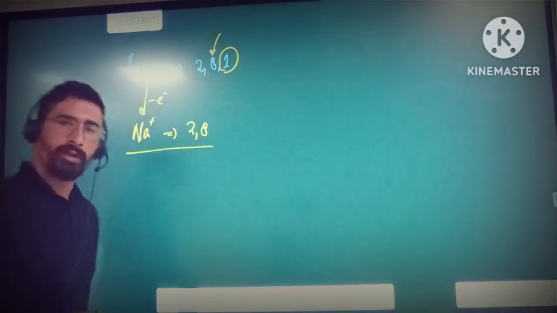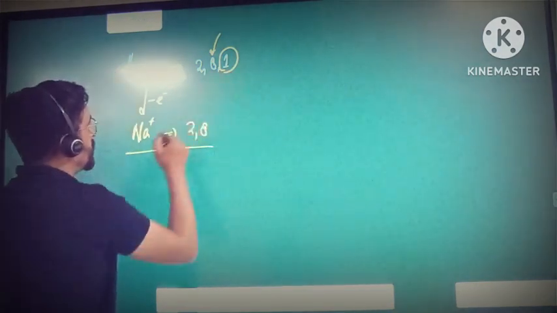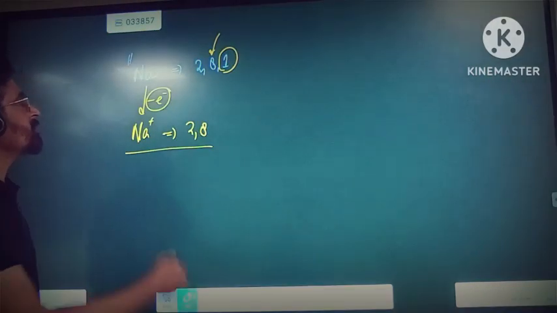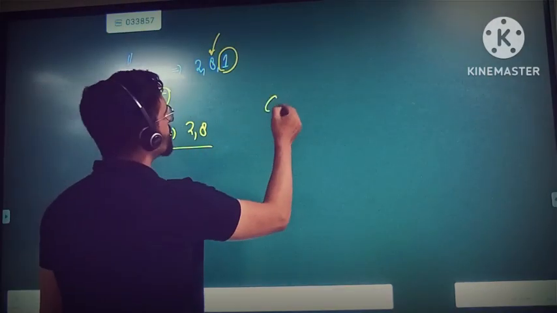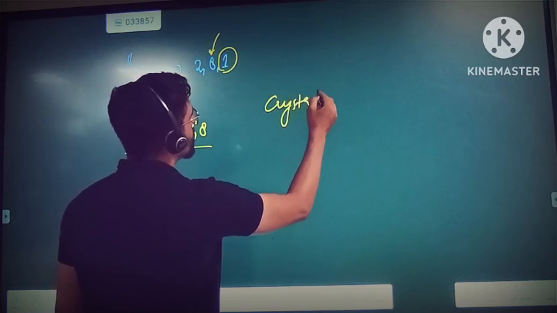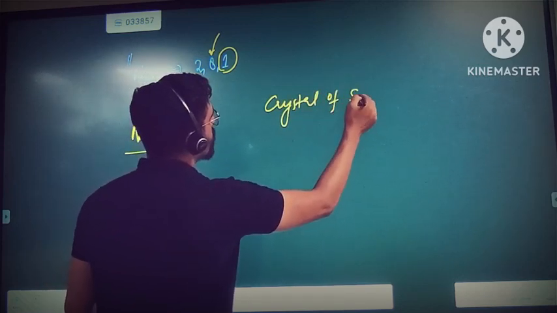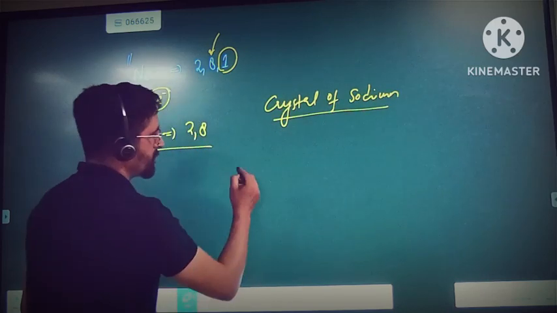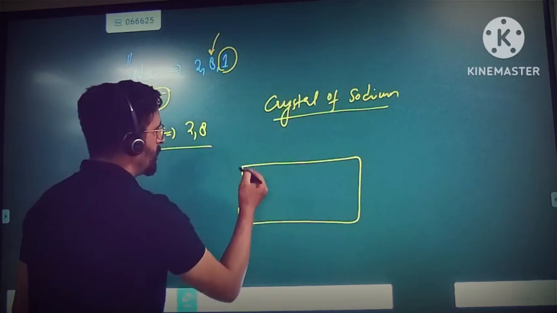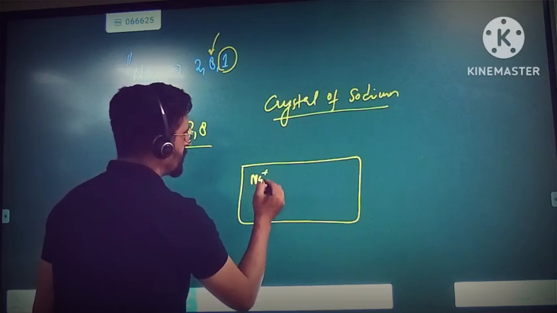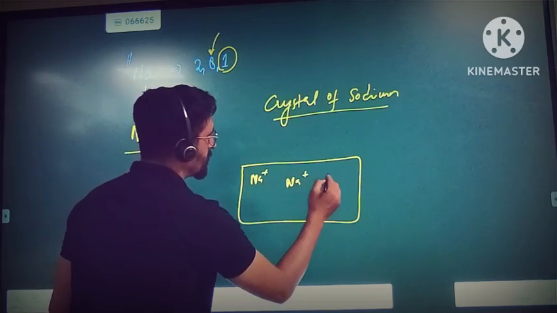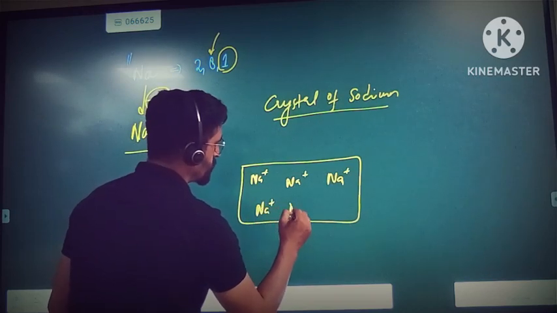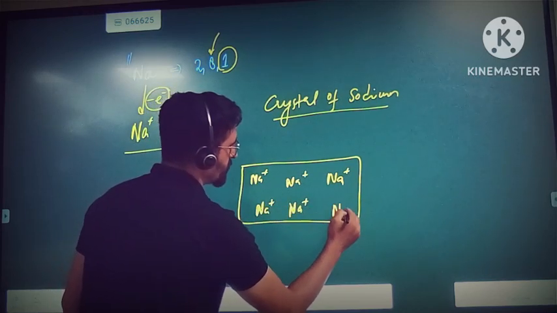Now look, this one electron is always present there. If we have a crystal of sodium, how does it exist? Suppose it's like this. We have sodium plus, sodium plus, sodium plus, here sodium plus, here sodium plus, here sodium plus.